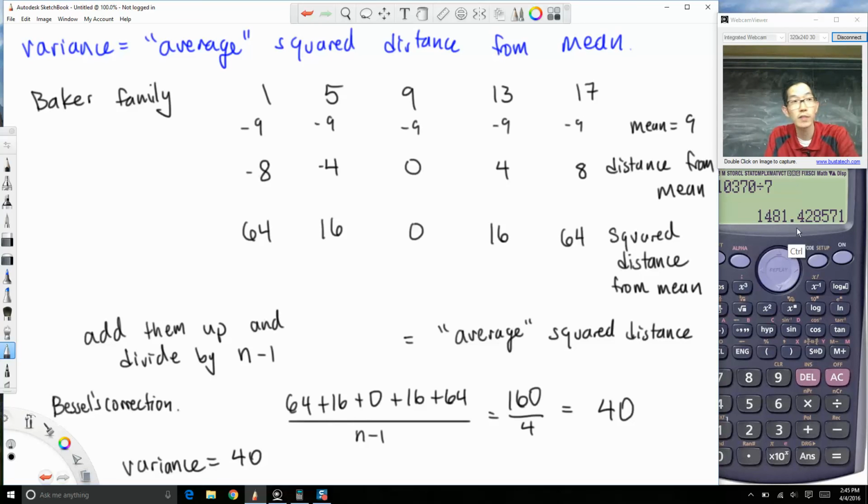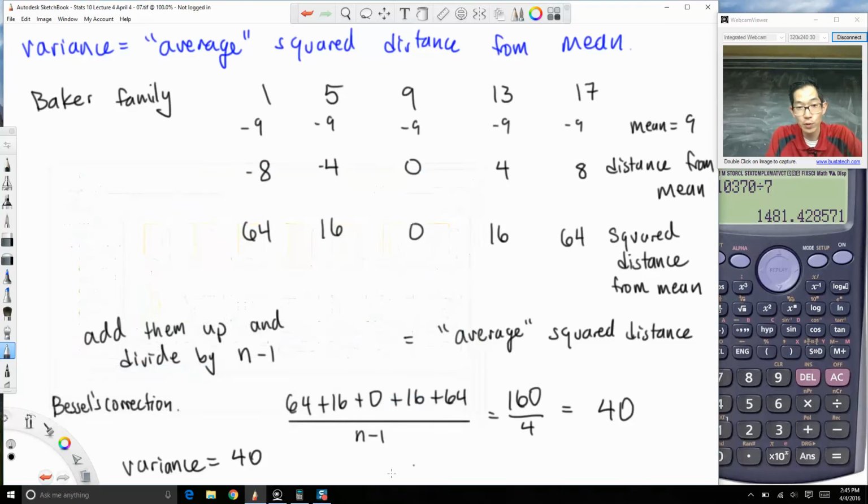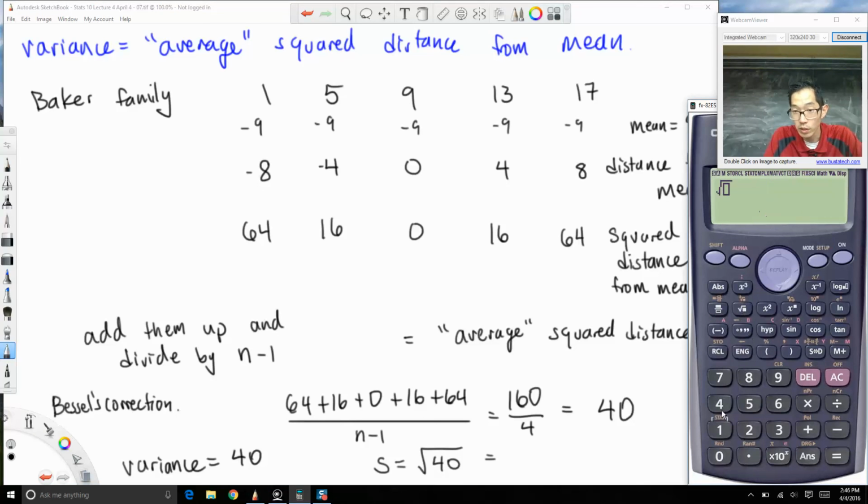Is that okay with everybody? Okay. So if my variance is 40, what is my standard deviation? My standard deviation, for which we use the symbol s, would be the square root of 40. The square root of 40 is 6.325.